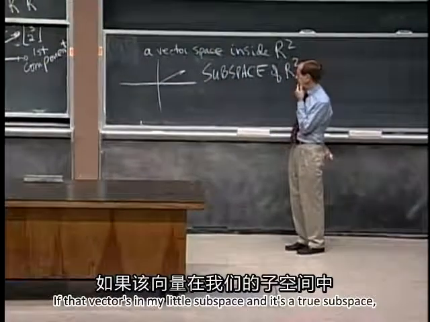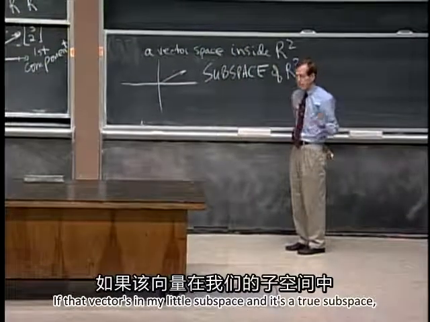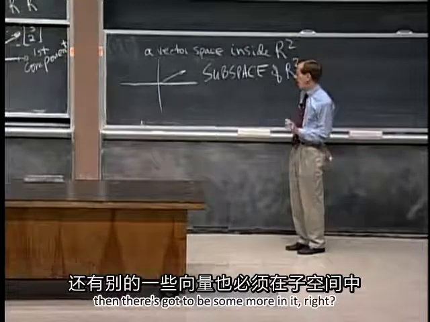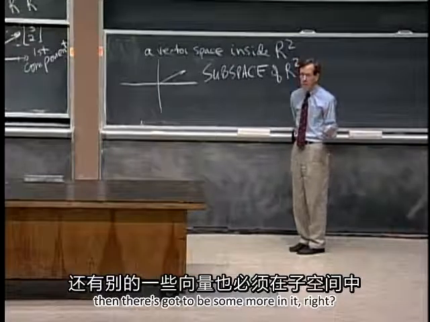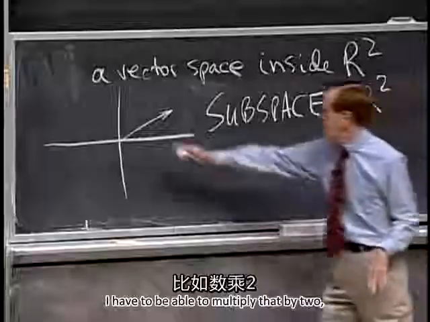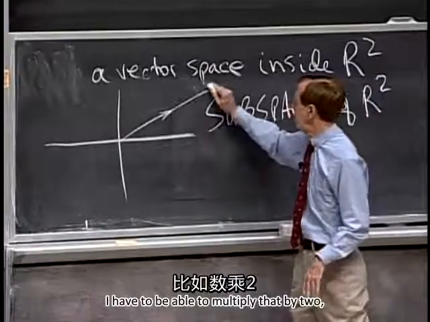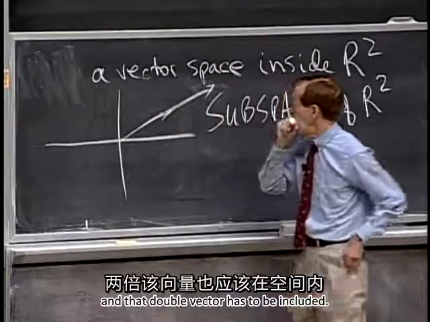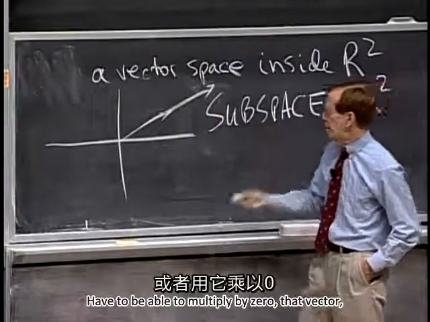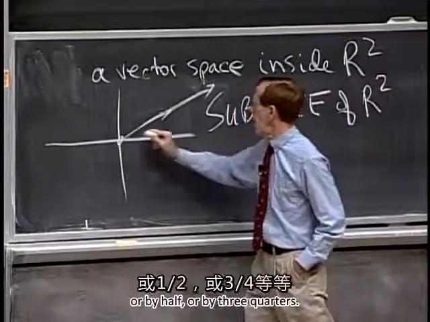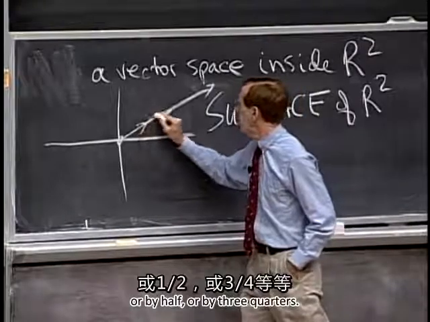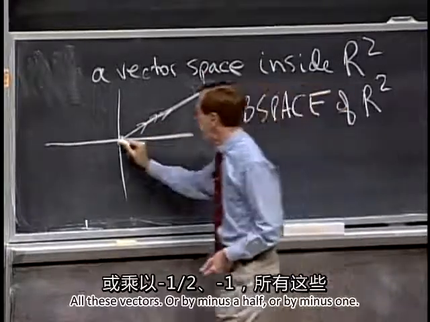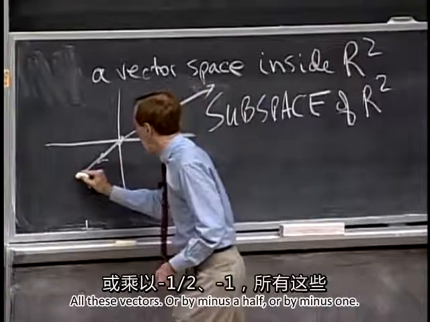If that vector is in my little subspace, and it's a true subspace, then there's got to be some more in it, right? I have to be able to multiply that by 2, and that double vector has to be included. I have to be able to multiply that vector by 0, or by 1/2, or by 3/4. All these vectors, or by -1/2, or by -1.